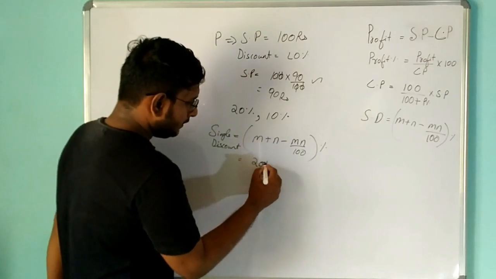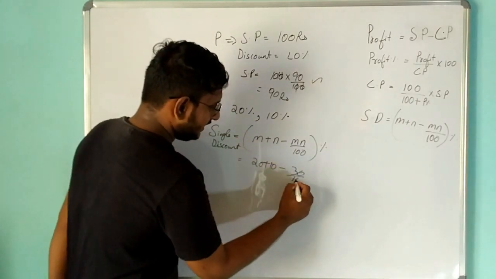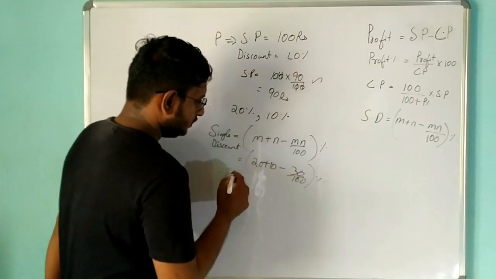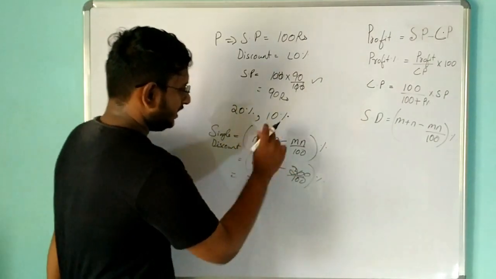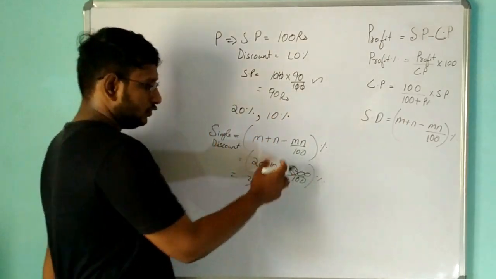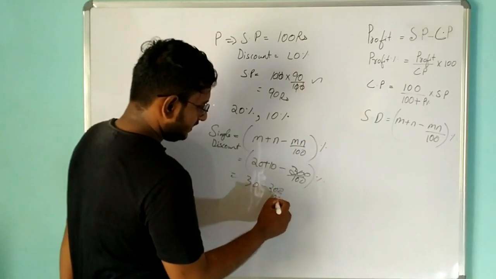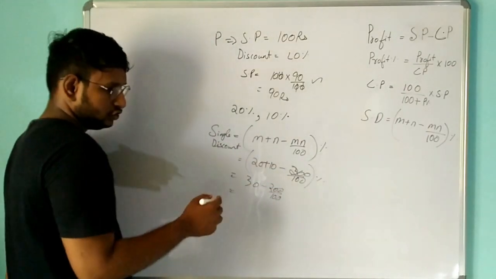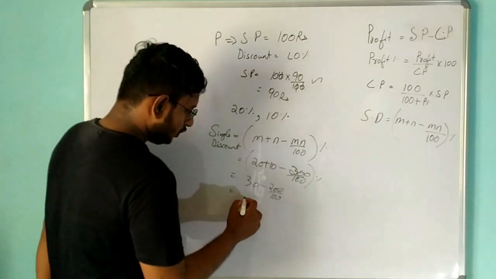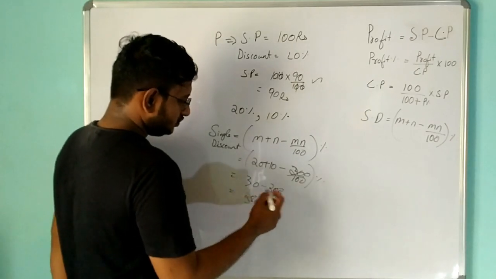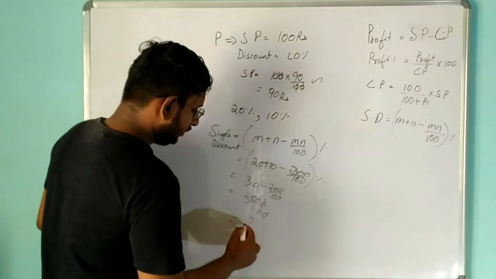So we have 20 plus 10, which is 30, minus mn, 20 into 10, which is 200, divided by 100. So 30 minus 2, which is 28%.